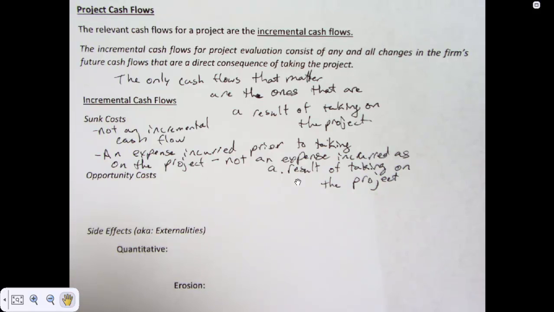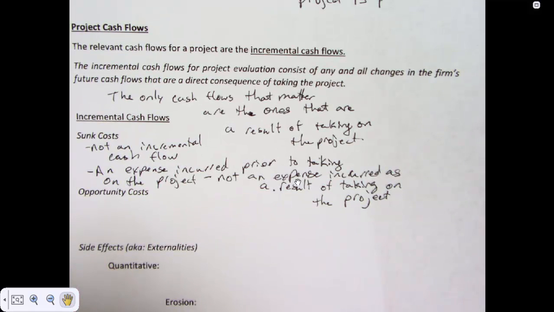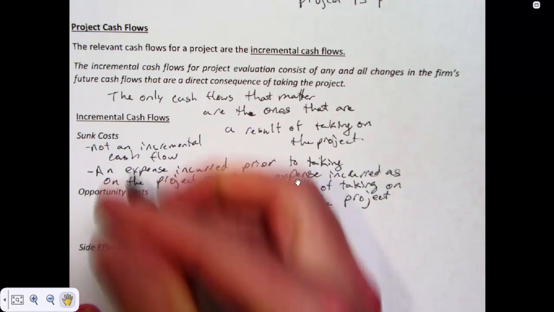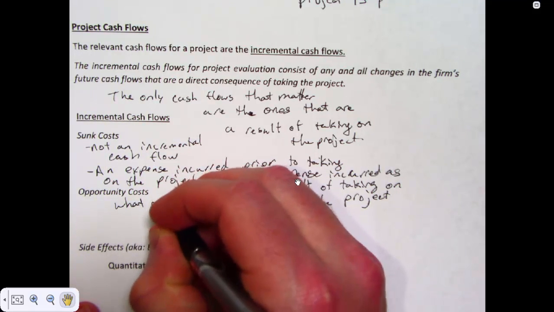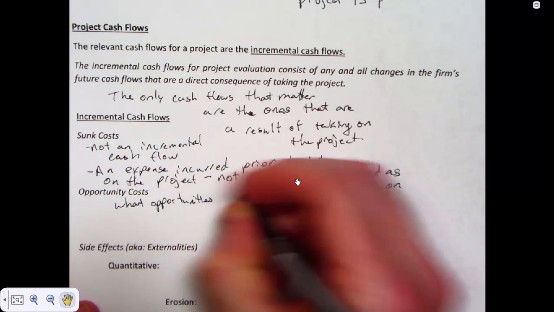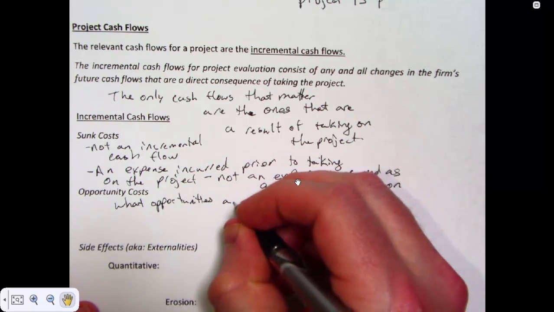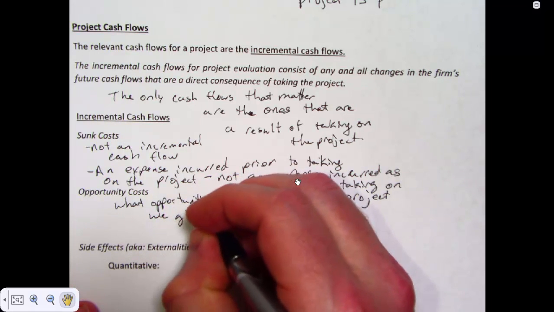The opportunity cost. So the opportunity cost, what else could we be doing with the money or with the assets that we aren't able to do as a result of taking on this project? What opportunities are we giving up?